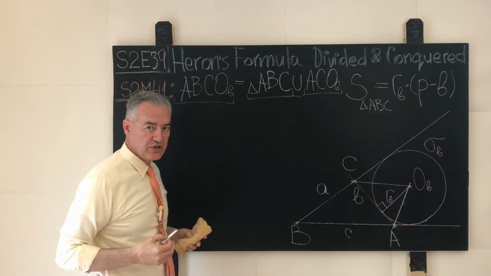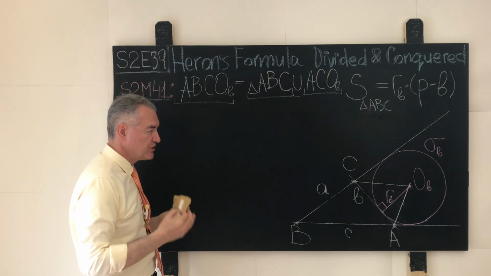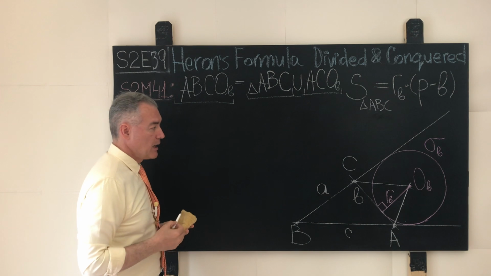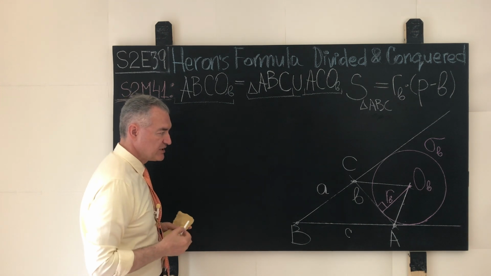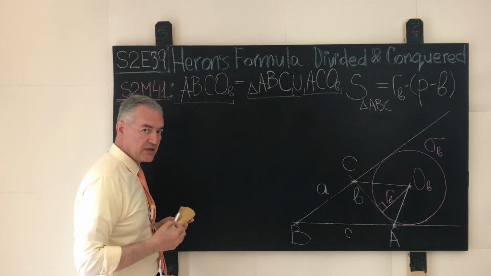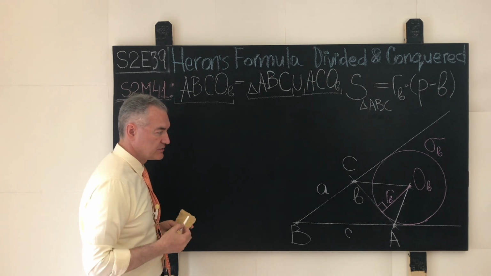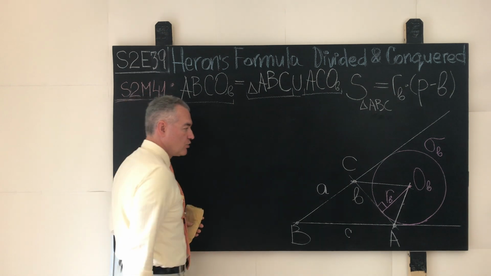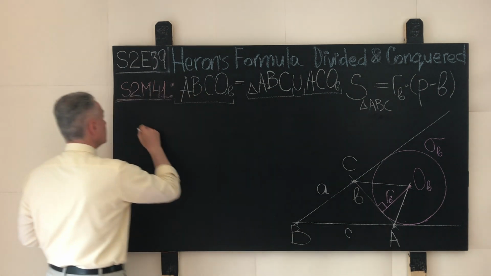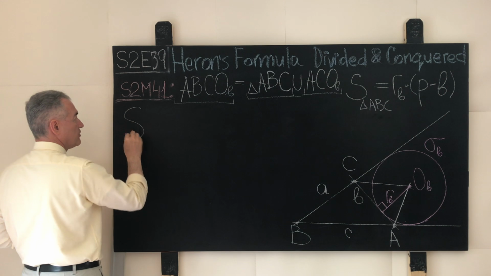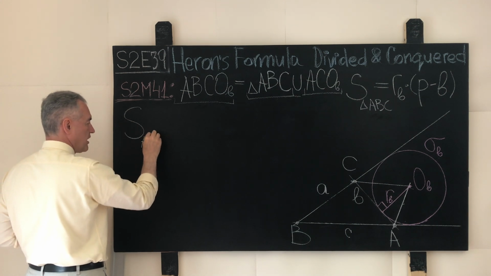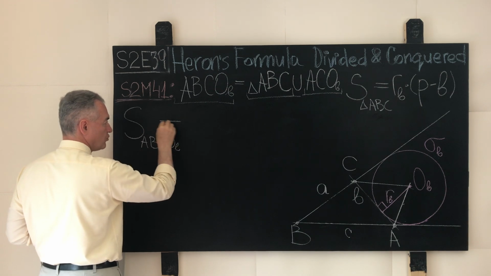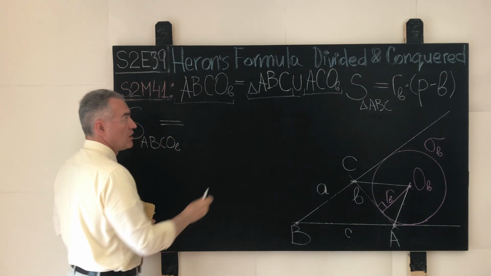Now solve each part. What does solve each part mean in this case? The solution of each part here means representing the interesting metric, the area of the triangles, in terms of the locally available material. What is the area of the quadrilateral A, B, C, OB?